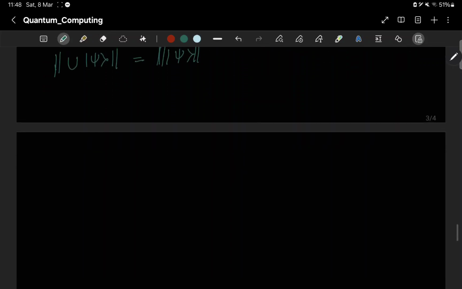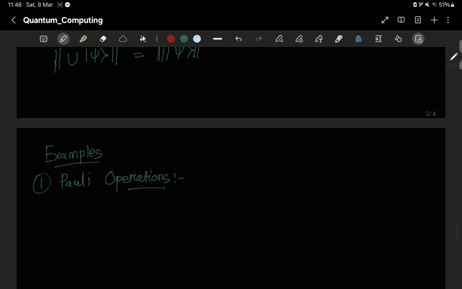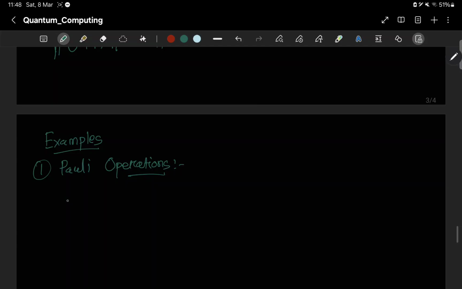So now let's see some examples of unitary operations. The first example is Pauli operations. There are 4 Pauli operations. First is identity, and it is a 2x2 matrix, 1 0 0 1. Then we have sigma x, which is also represented as X, so it will be 0 1 1 0.